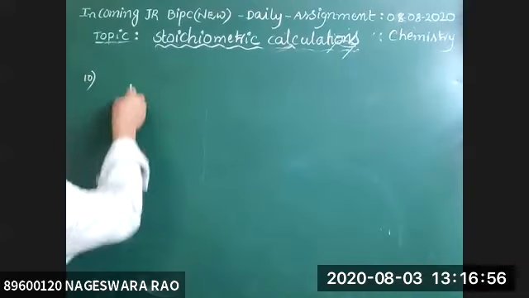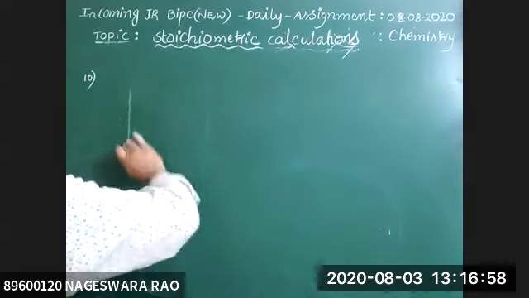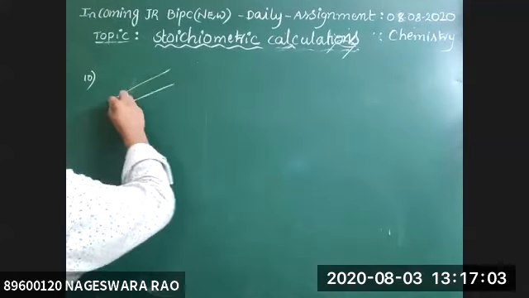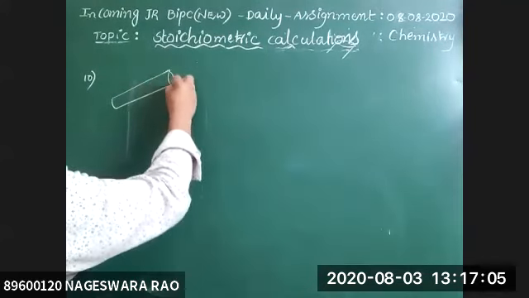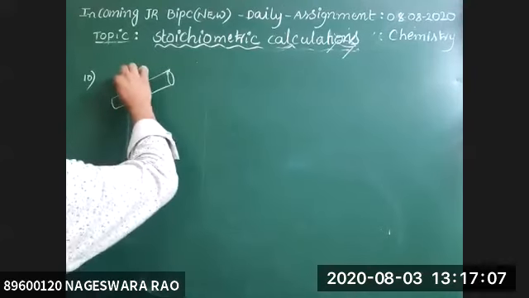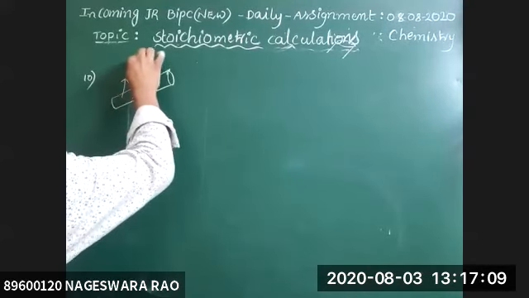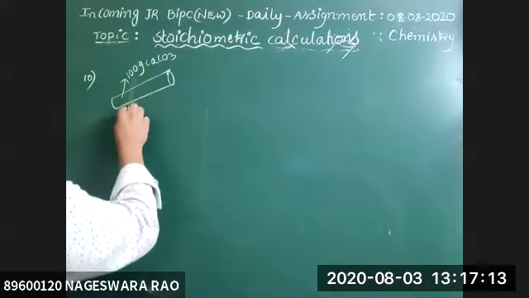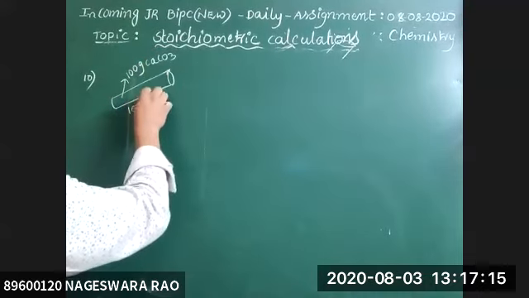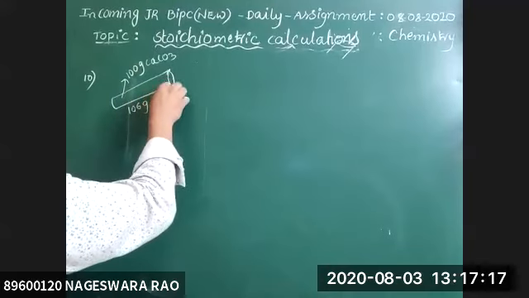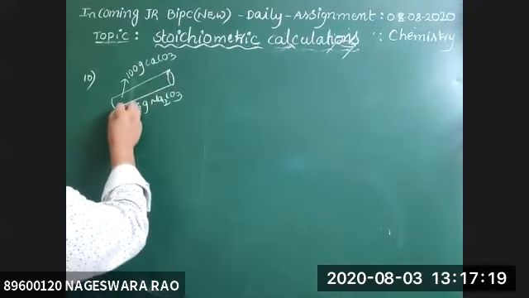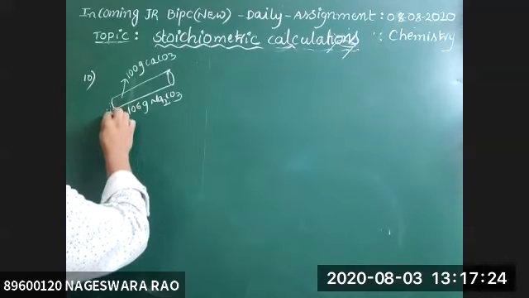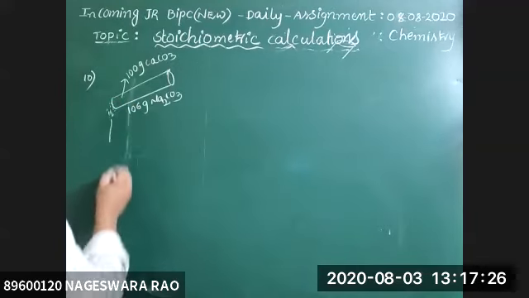Based on the diagram. This glass tube contains 100 grams of CaCO3 and 106 grams of Na2CO3. 1 mole of calcium carbonate, 1 mole of sodium carbonate. So that decomposes on heating with a Bunsen burner.